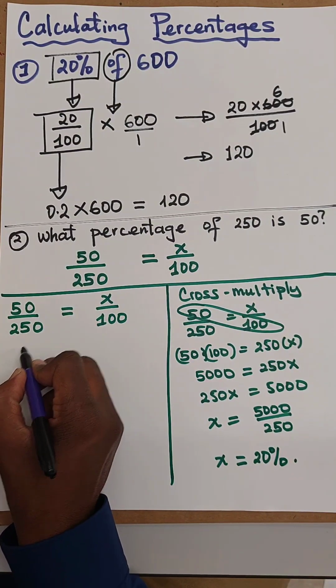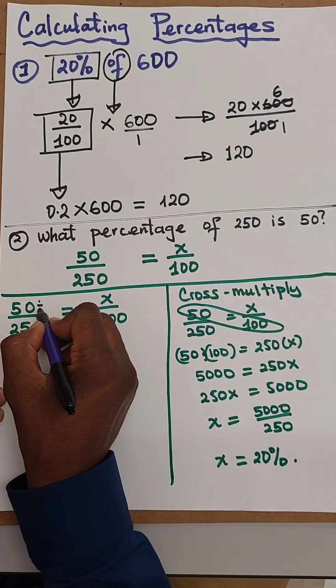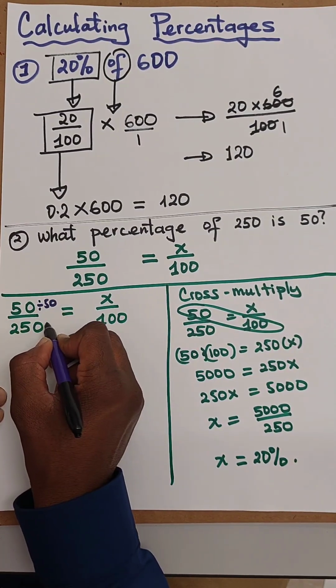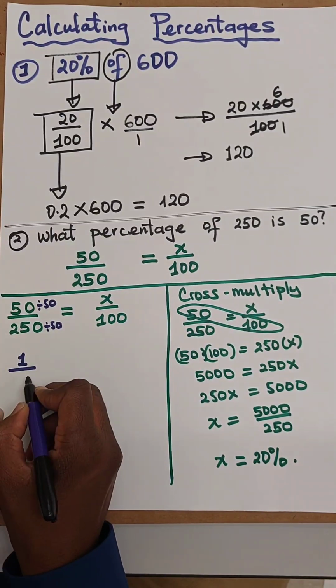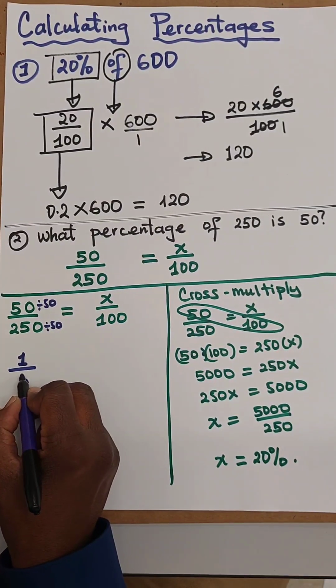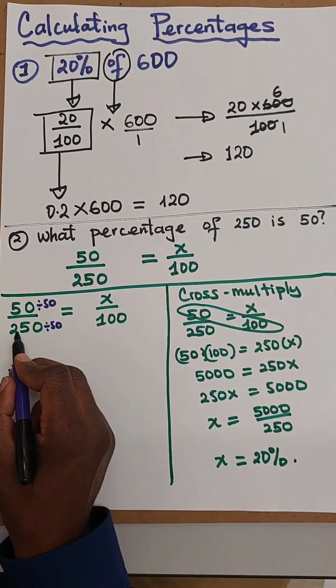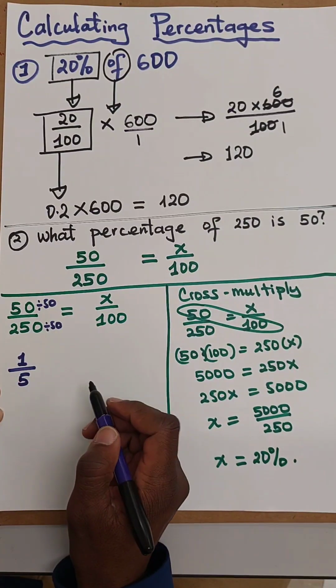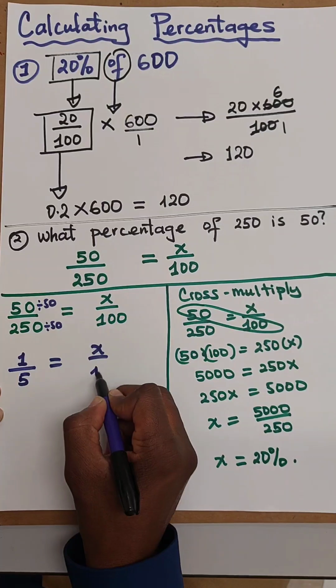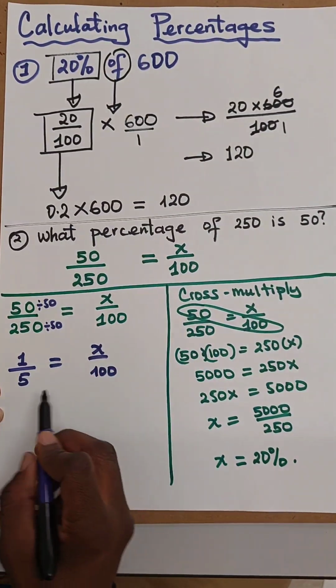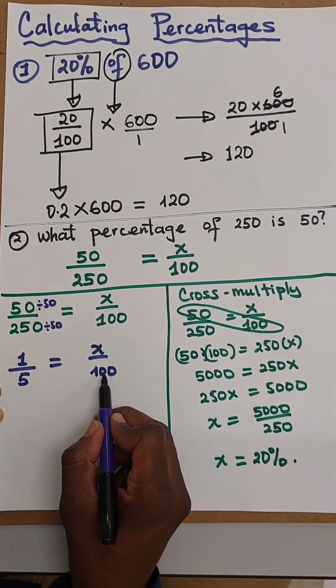If we divide by 50 and divide by 50, then you get 1 over 5. Okay, there are 5 5s in 25. You get 1 over 5 equals x over 100. So now you're thinking about 100 divided by 5 is 20.